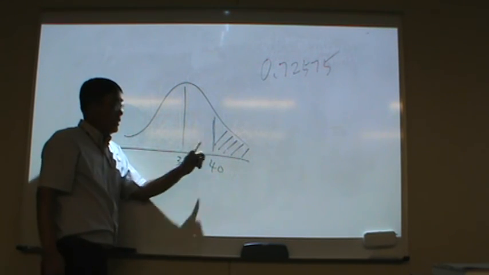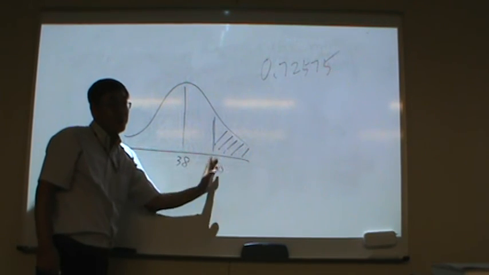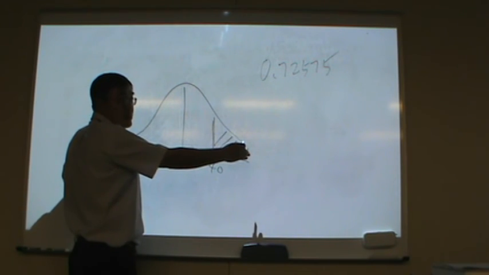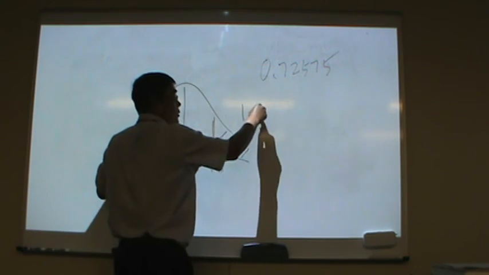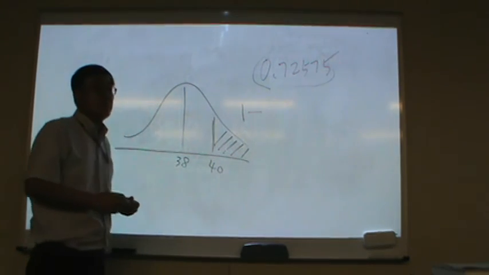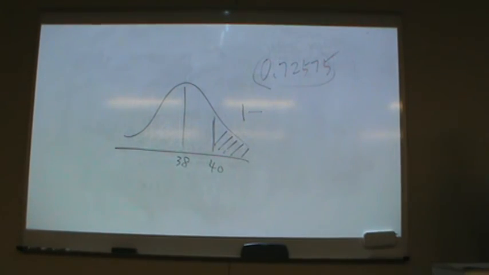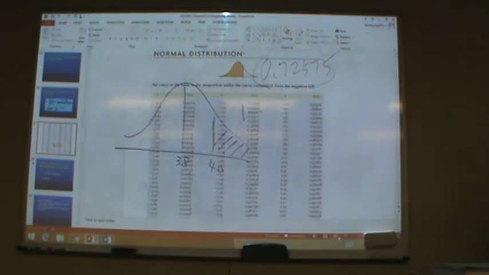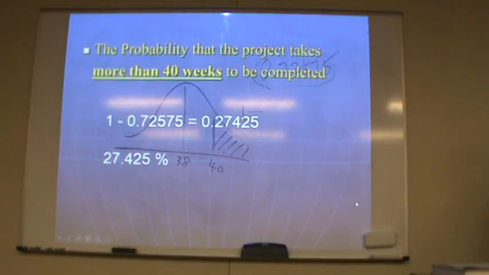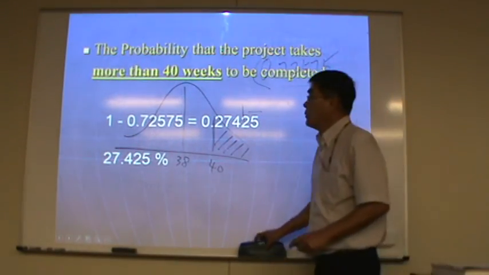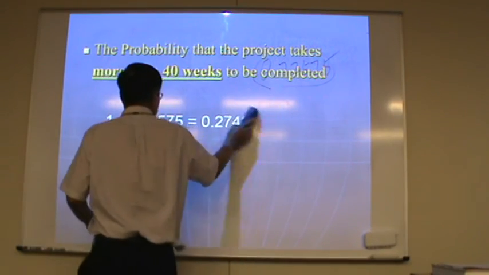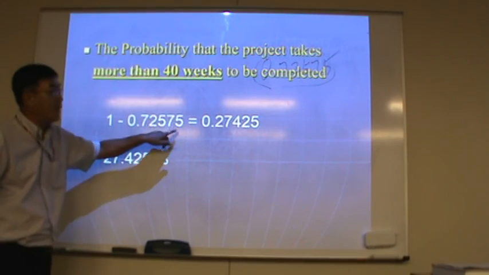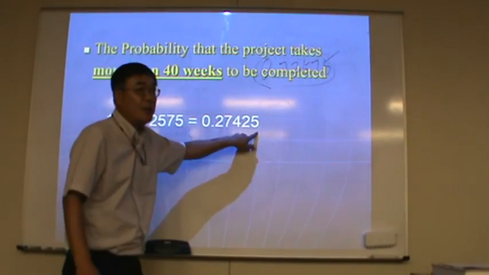So if we need the right side from that point, the total area is 1 minus this one, right? So the answer is 1 minus 0.72575 equals 0.27425.